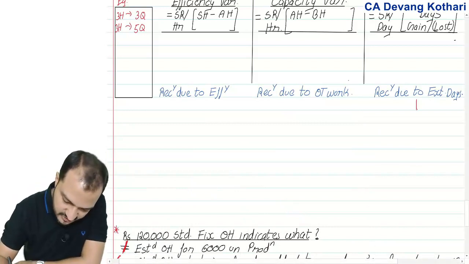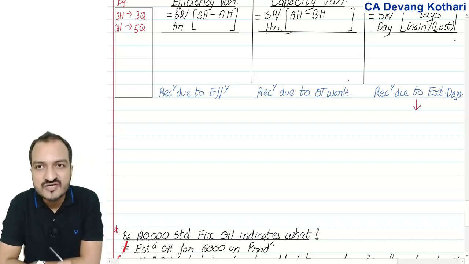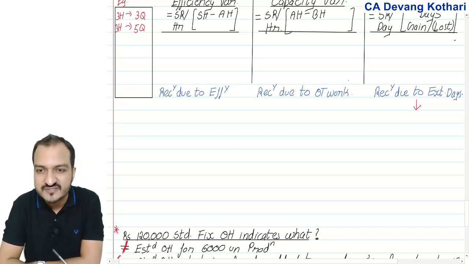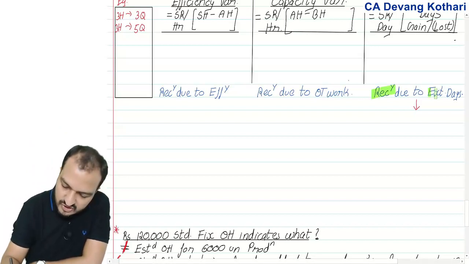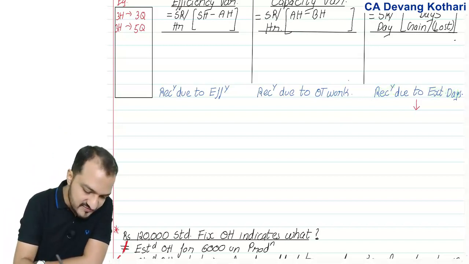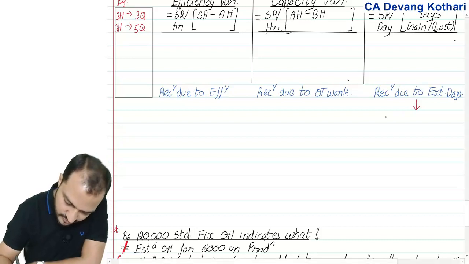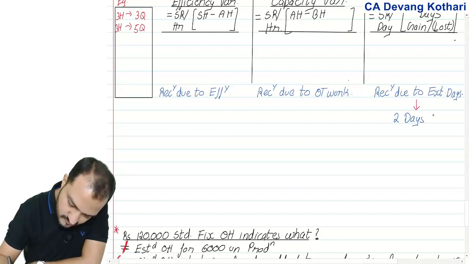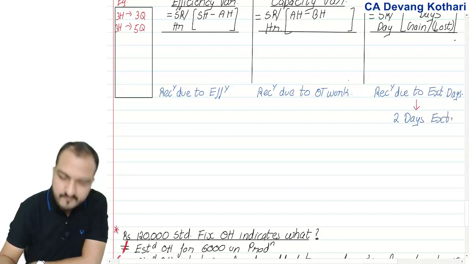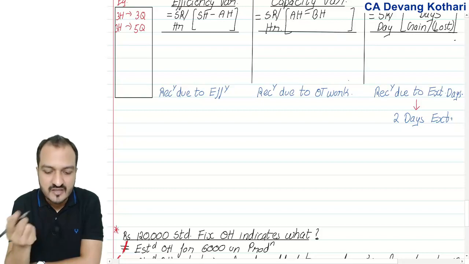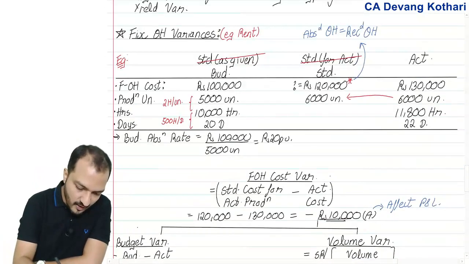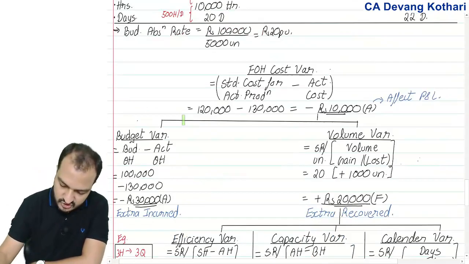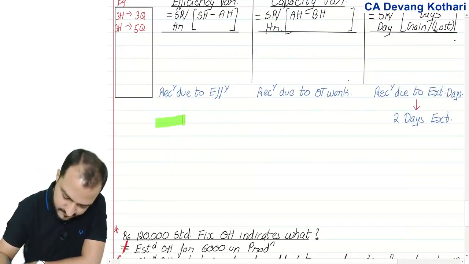This is only the explanation part. Calculation part will be much easier, much faster, right? My calendar variance shows the extra recovery because of extra days. How many extra days did I work? I worked for 2 extra days. My standard daily working hours is 500 hours per day.